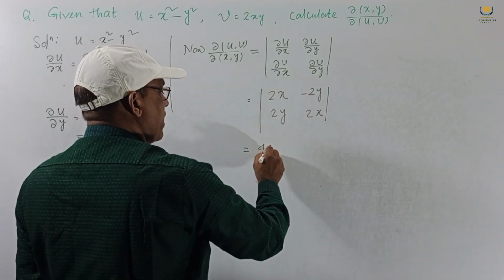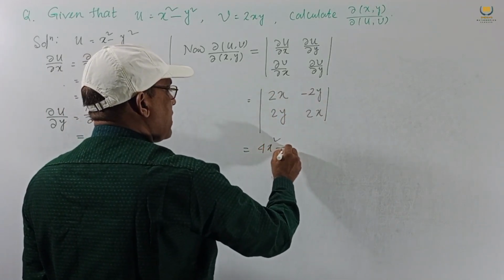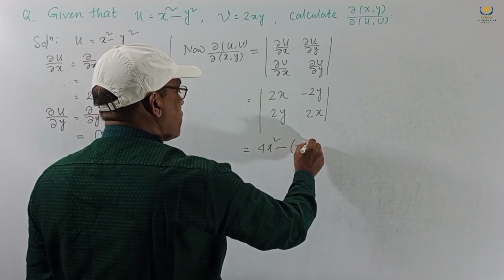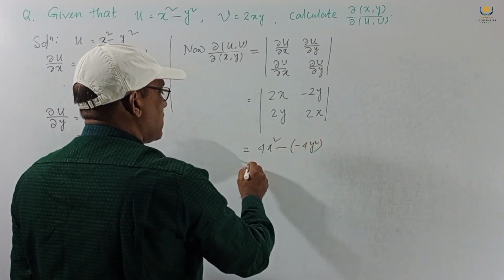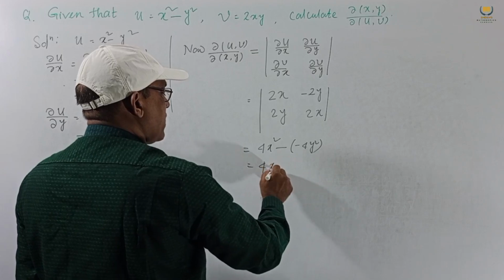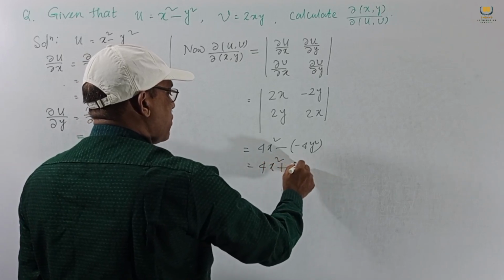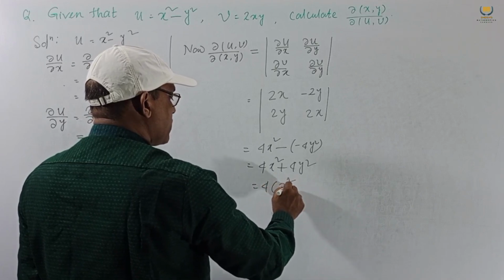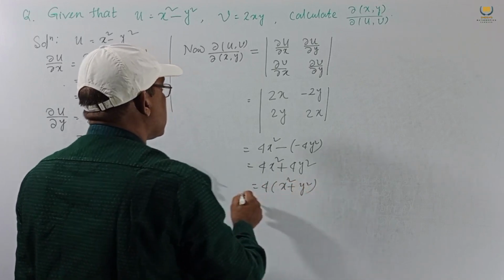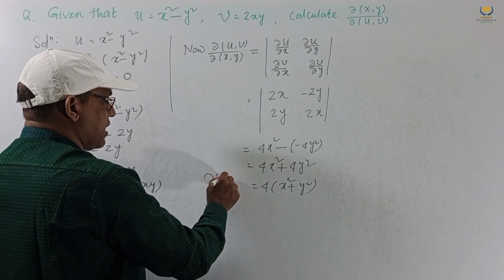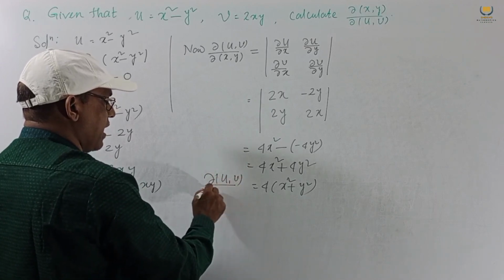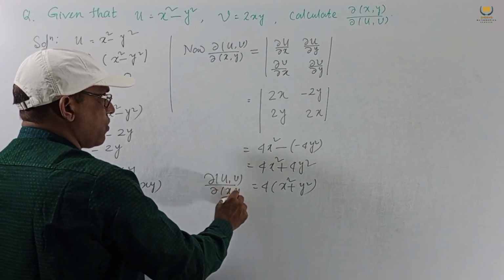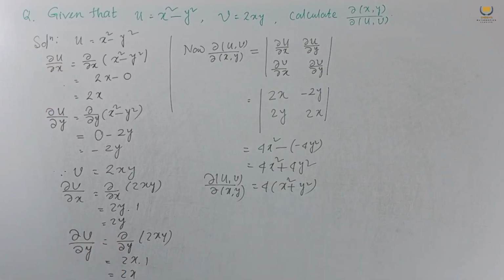So 4x squared minus, minus 4y squared. So this will be 4x squared plus 4y squared. 4 common, we get x squared plus y squared. This is ∂(u,v)/∂(x,y).